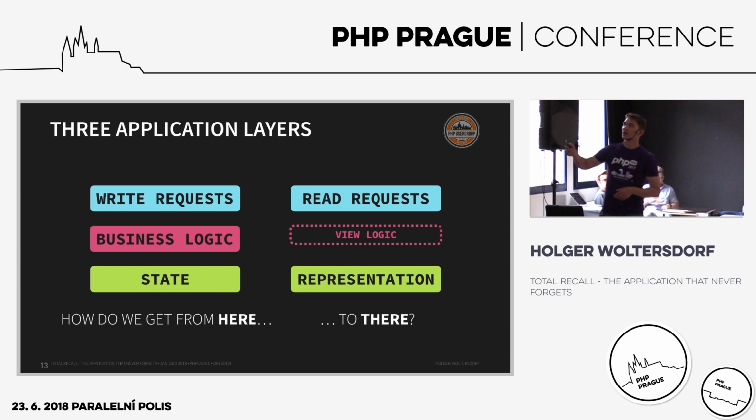You have a side where you say, I want to change something, so you send write requests to that side. You have your business logic validating your request, and then you change your state. On the other side, you send read queries, usually GET requests. You have maybe some slim view logic.